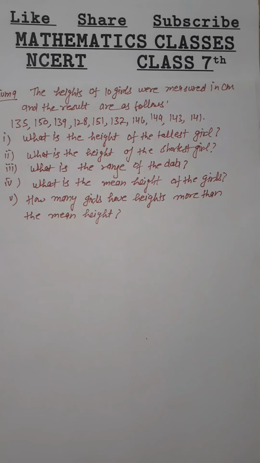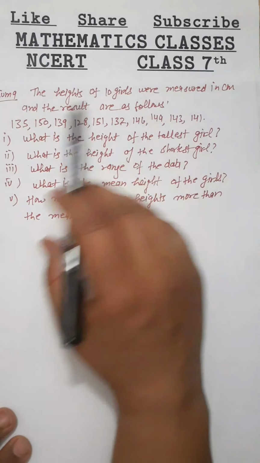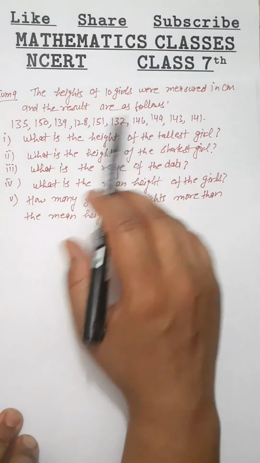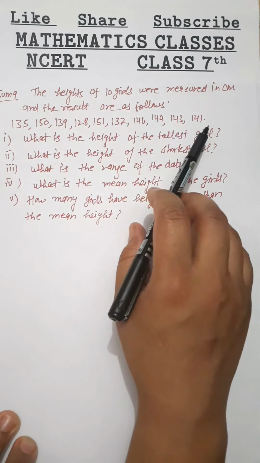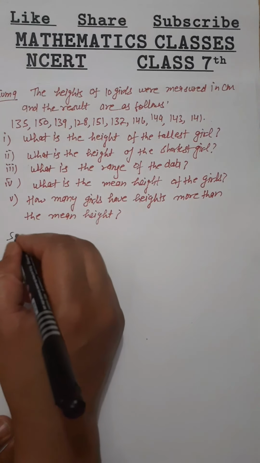Next is question number 9. The heights of 10 girls were measured in centimeters and the results are as follows. What is the height of the tallest girl? First part.